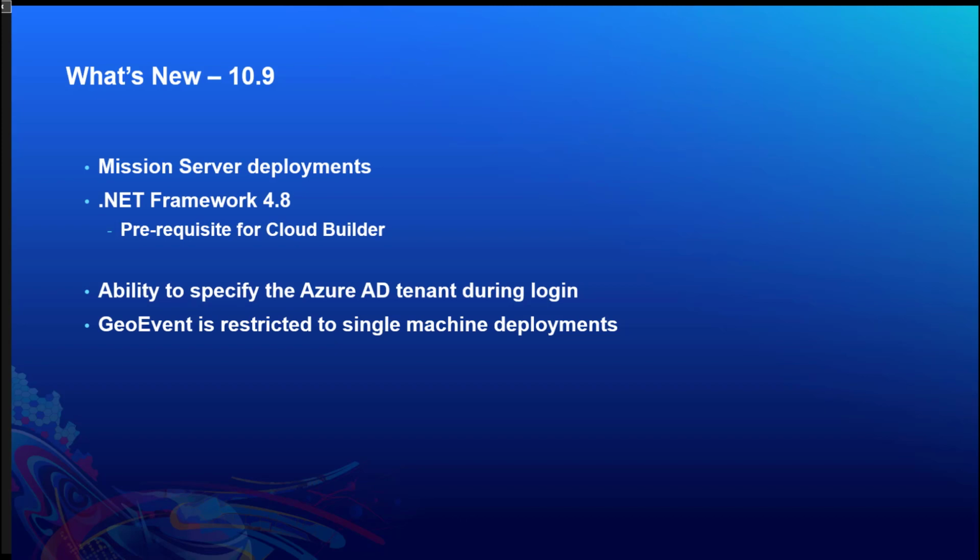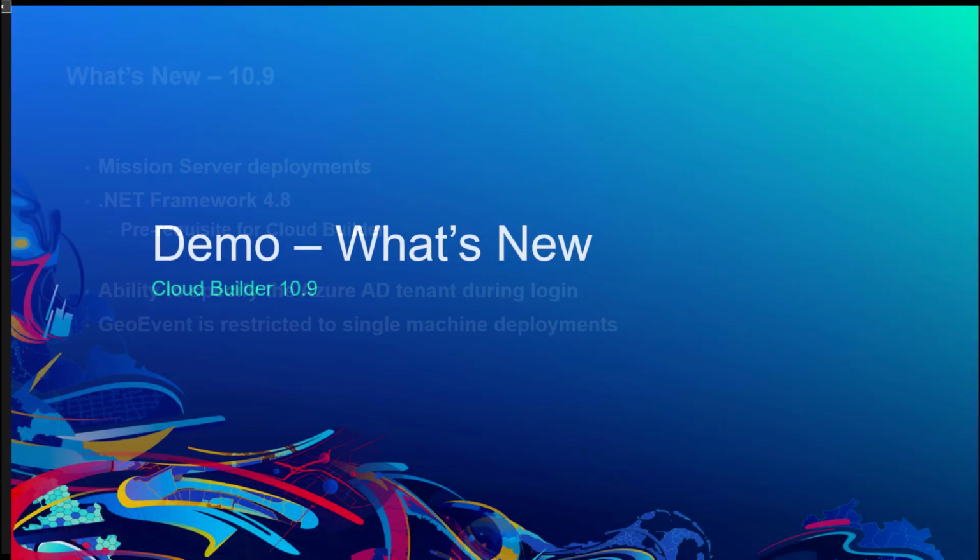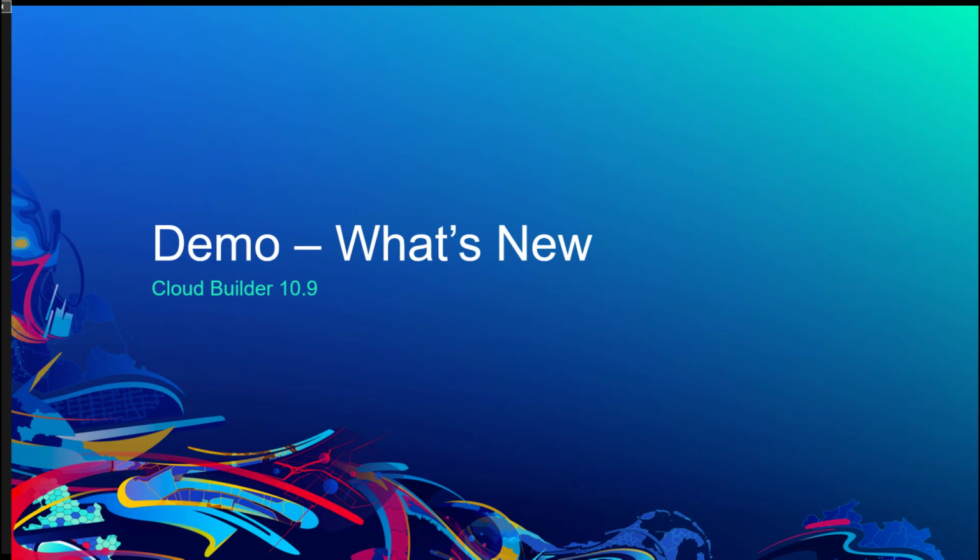Another thing I'd like to call out at the 10.9 release is that GeoEvent is now restricted to single machine deployments to match recommendations for running that server role. With that, I'd like to switch back to Shailesh to do a demo of what's new in ArcGIS Cloud Builder and talk about the mission server support.